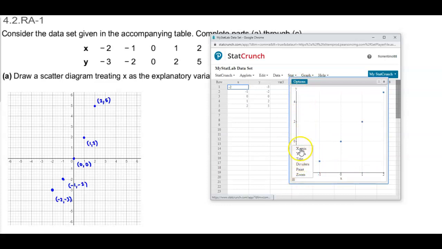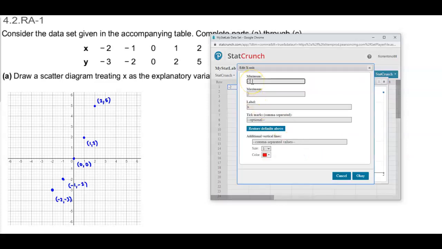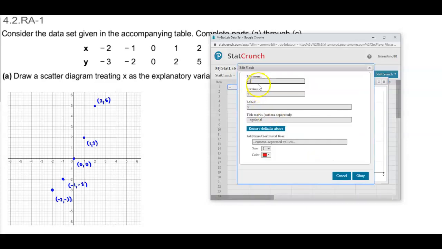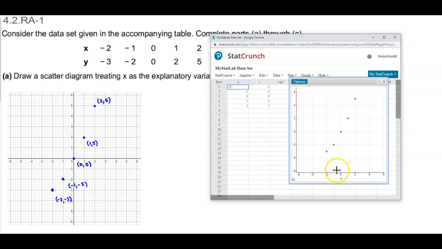We can select the x-axis to go from a minimum of -6 to a maximum of +6. Then we can change the y-axis to also go from -6 to +6. And so there is our scatter diagram.